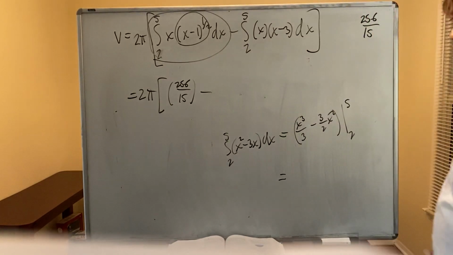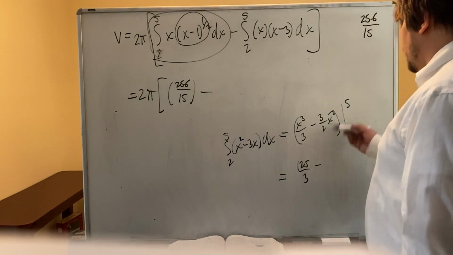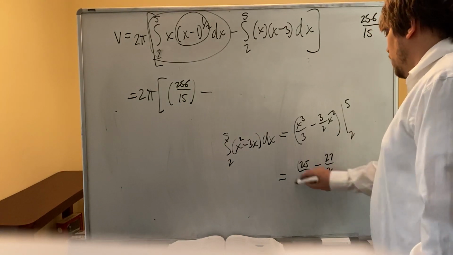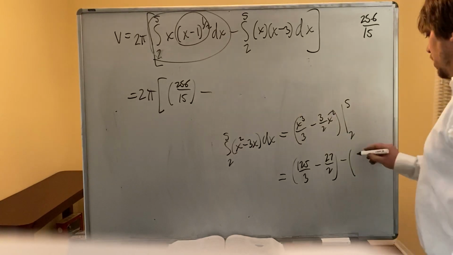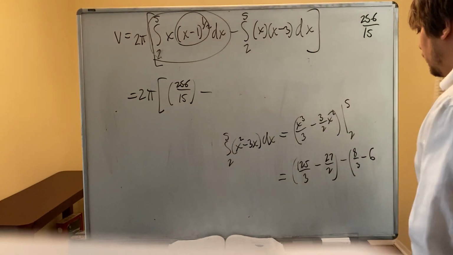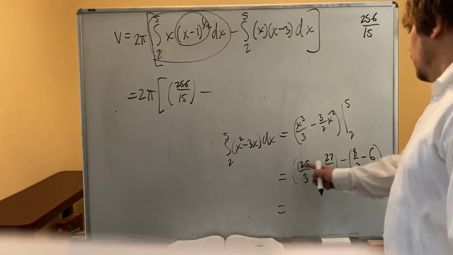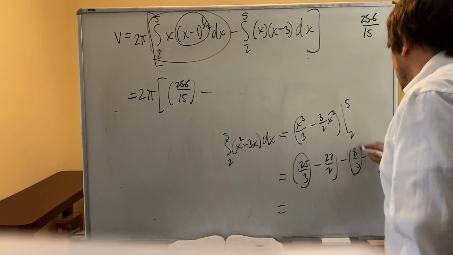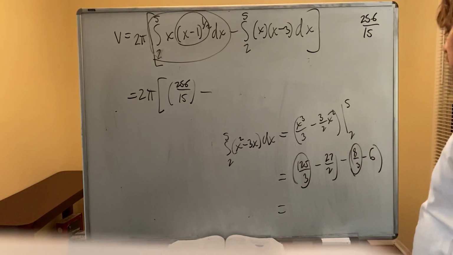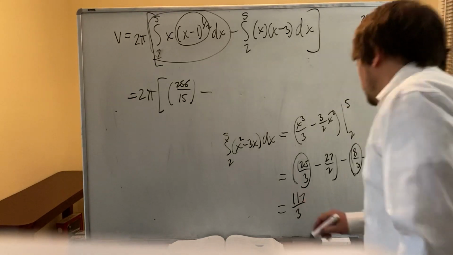And so then you plug in 5, you get 125 over 3 minus 27 over 2, minus plugging in 2, 8/3 minus 6.